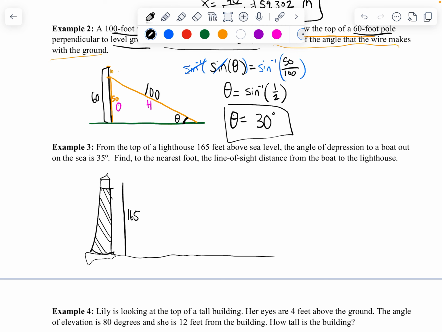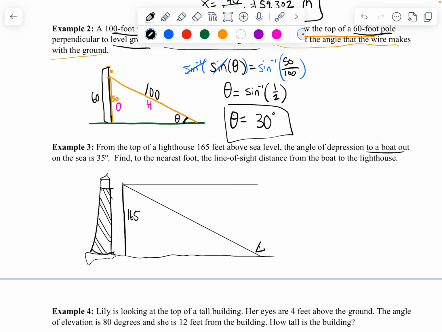So this is another from the top of a lighthouse, meaning the horizon has to be from the top of the lighthouse. Right? It's saying from the top, the angle of depression, so from horizon down, meaning we're looking down at the sea some distance, specifically to a boat, right?